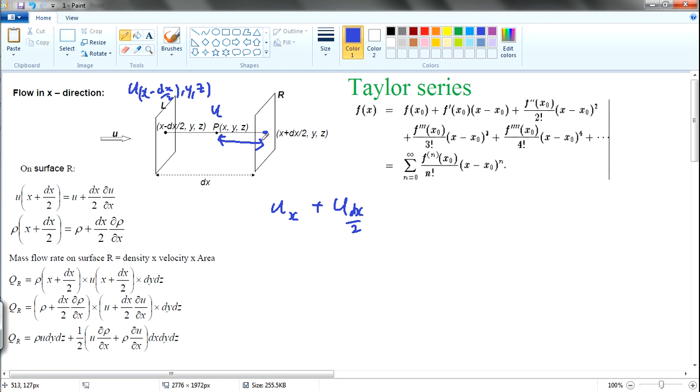So this is just a set of notation that you should go and check out. Let me repeat again. Previously I said that the velocity ux is actually this point, while the velocity at this point is actually ux plus u dx over 2.